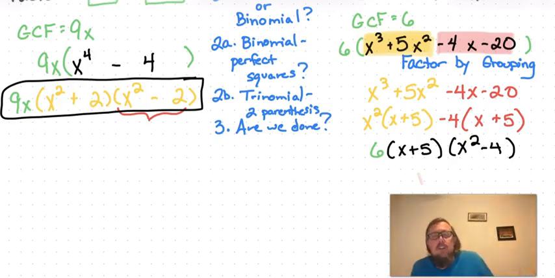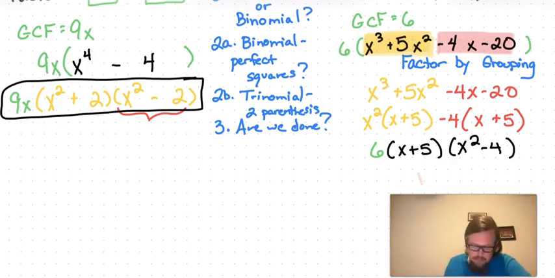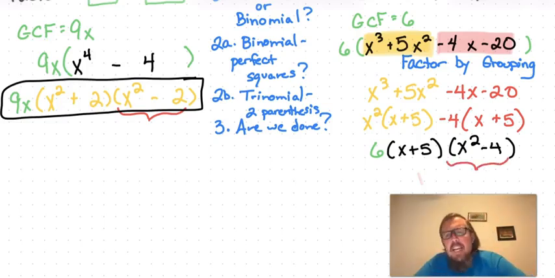And now we still ask ourselves that last question, are we done? No, because it looks like we've got an x squared still that we might be able to do something with. This x squared minus 4, let's see if we can factor that. So that's a binomial. Is it a perfect square? Yes, it is.